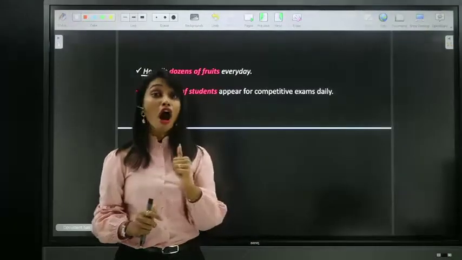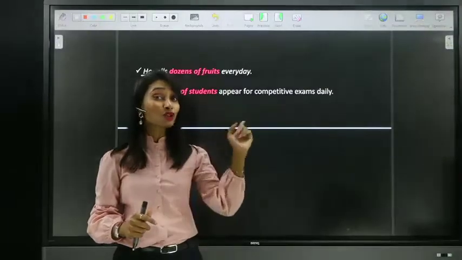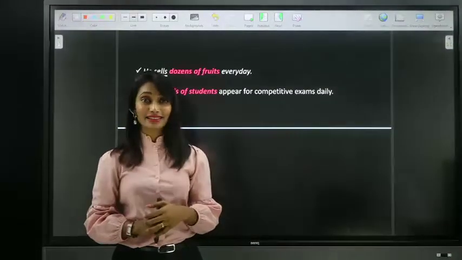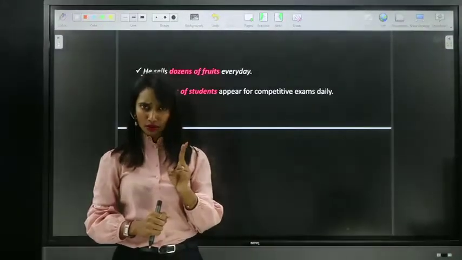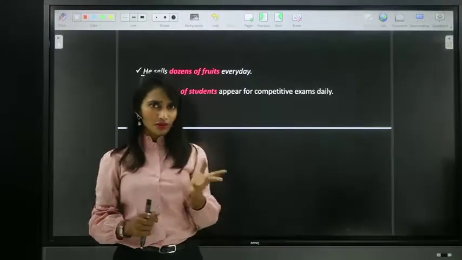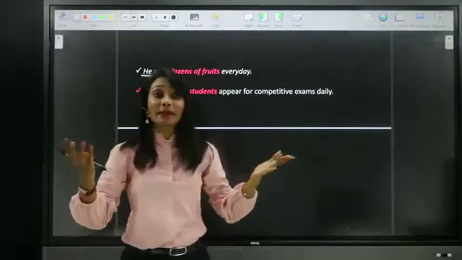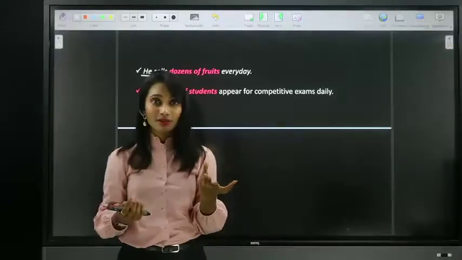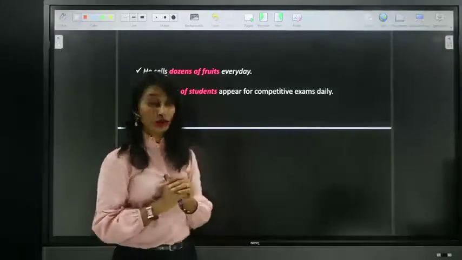But how many does that fruit vendor sell? 1, 2? No. He sells many. But how many? We are not sure of the number.